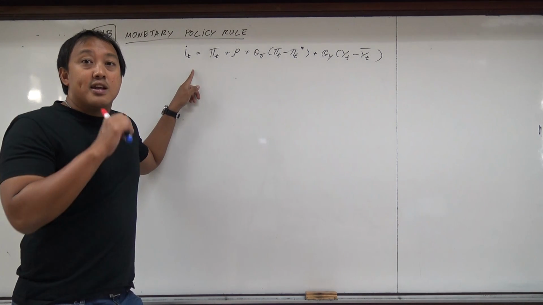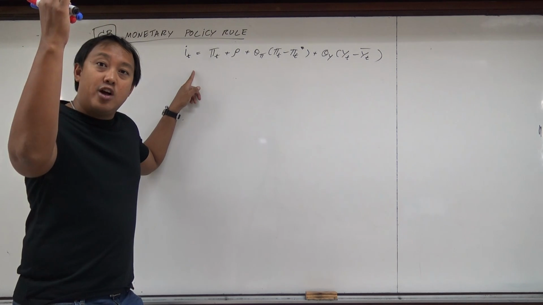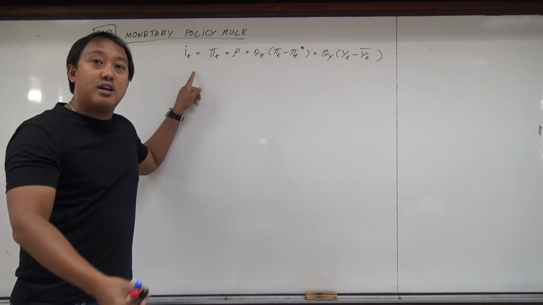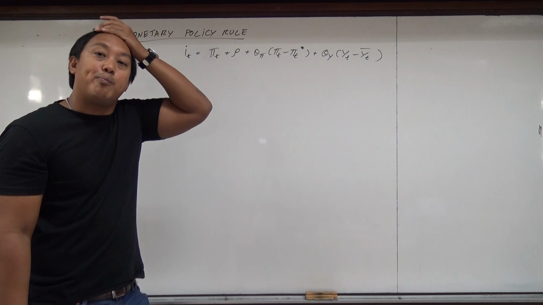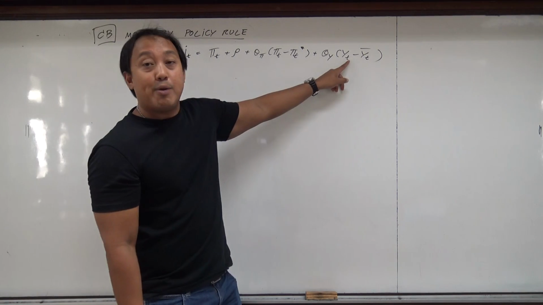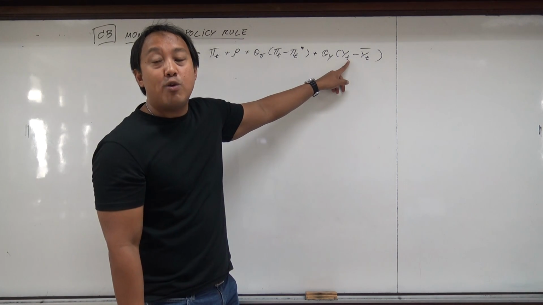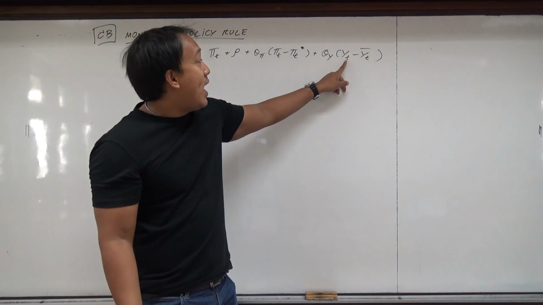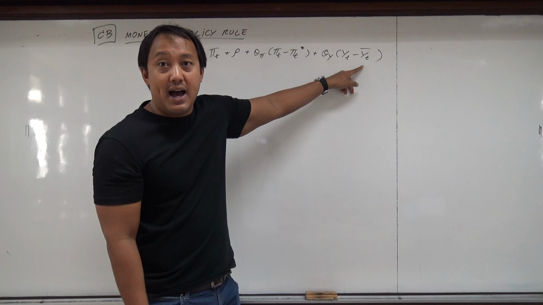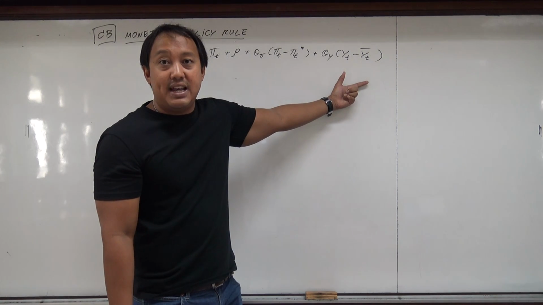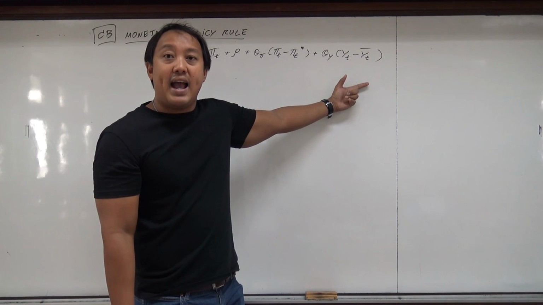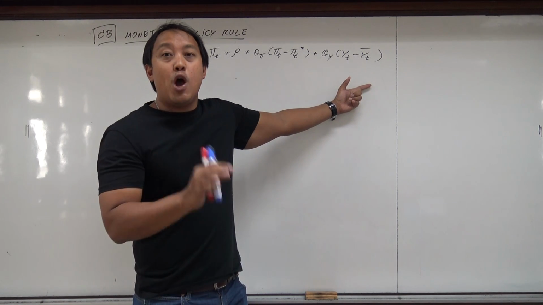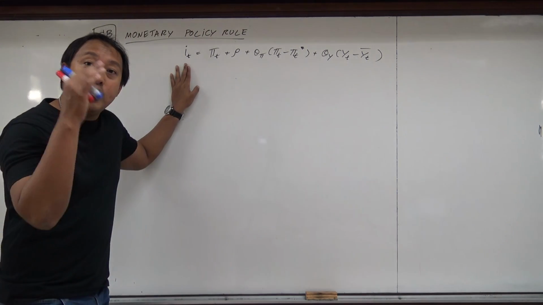The central bank is going to increase or decrease the nominal interest rate i_t depending on what problem they have. If the economy is bad, y_t is less than y_t bar, this bracket becomes negative, so the central bank can help by lowering the nominal interest rate.